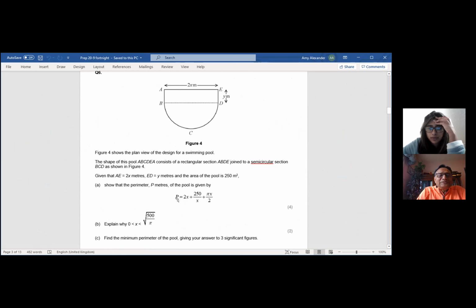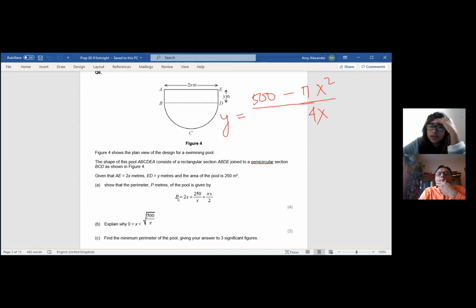Oh, so we actually got an expression there. I didn't really keep that expression. So y was equal to 500 minus pi x squared, this whole thing over 4x. This was y.